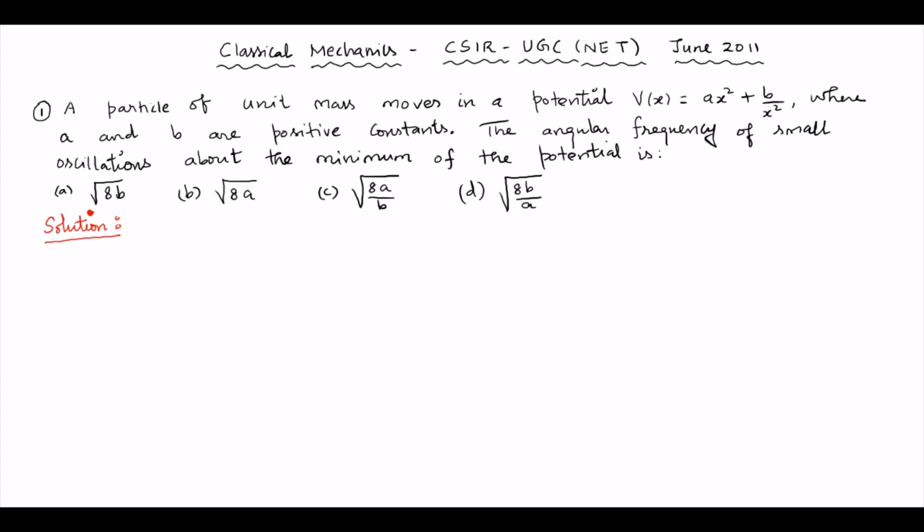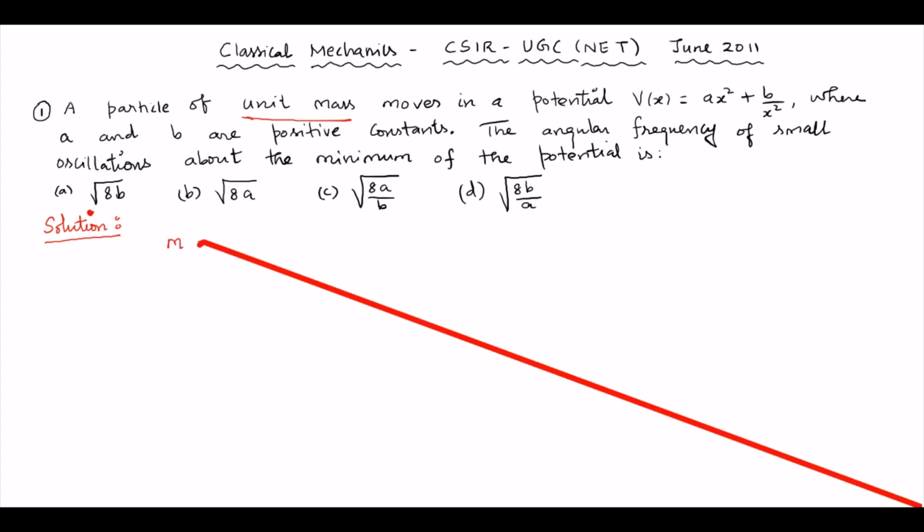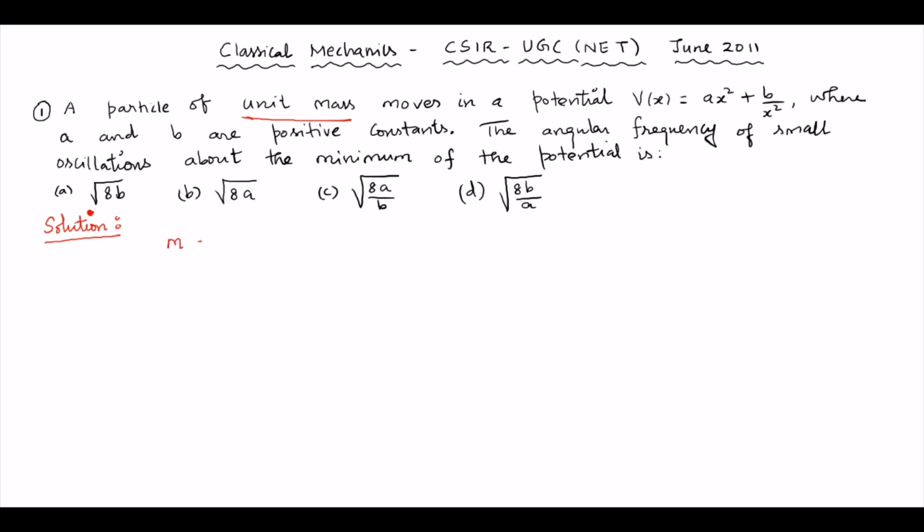So let us solve this problem. Let us write down what is given. The particle is of unit mass, so mass is equal to 1. They didn't specify 1 kg or 1 gram, so I will put 1 unit.